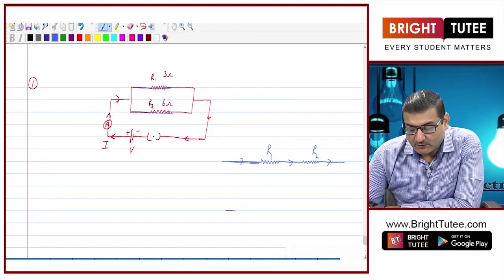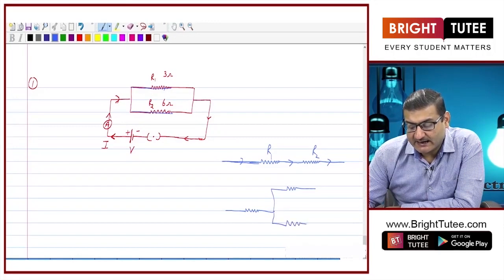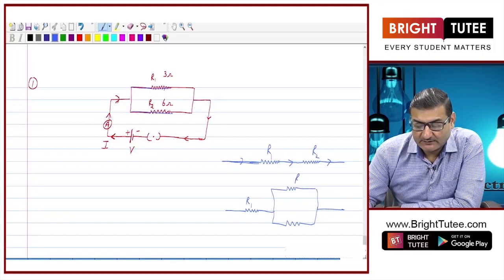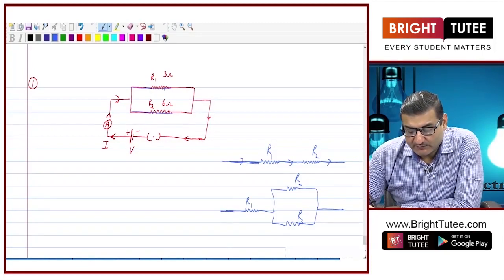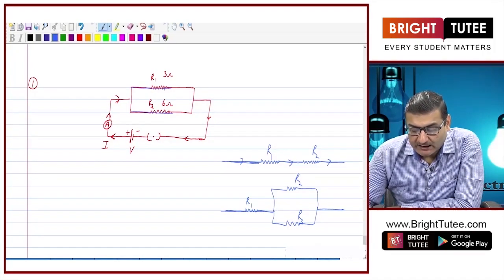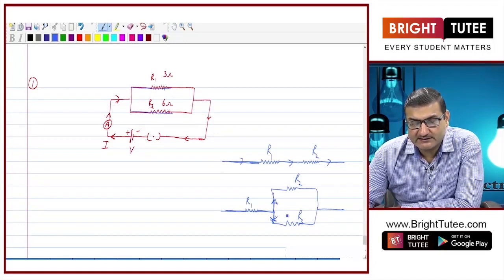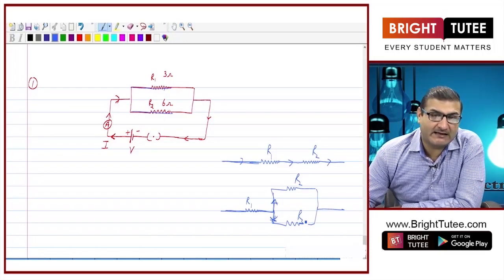But when I talk about resistance R1, resistance R2 and resistance R3, this was R1, this is R2, this is R3. Now, when the current is flowing through R1, at this particular point the current has two possible directions to go. Whenever this happens, these two possible resistances are always in parallel.